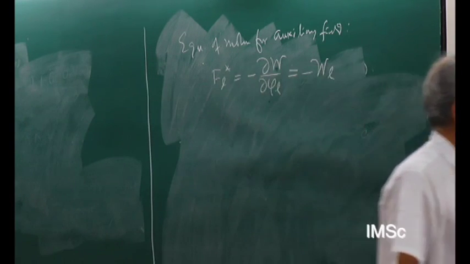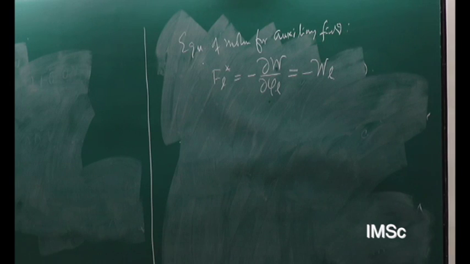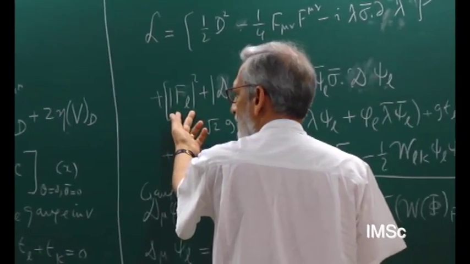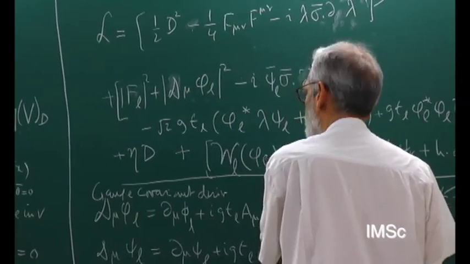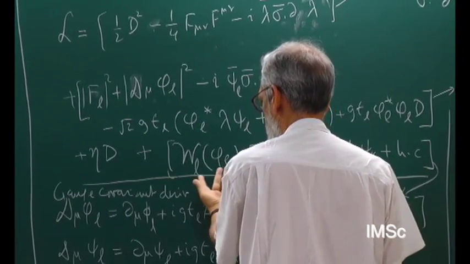That is straightforward from here. Vary with respect to F, you will get F_L star here, and vary with respect to F here, you will get W_L.